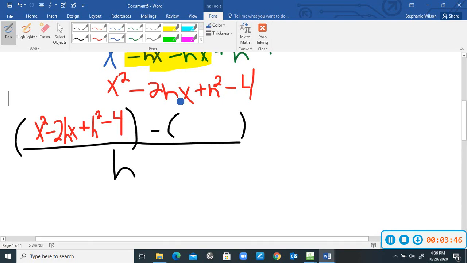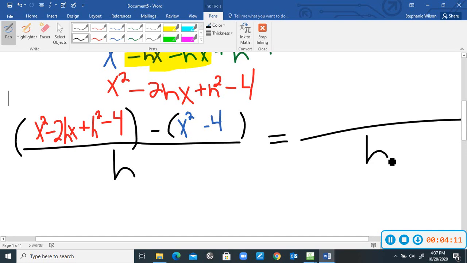My f of x is x squared minus 4. So I'm going to give you a little hint. If you do this correctly, your function of f of x will cancel out, and then you're left with this new function. So let's distribute the negative sign.